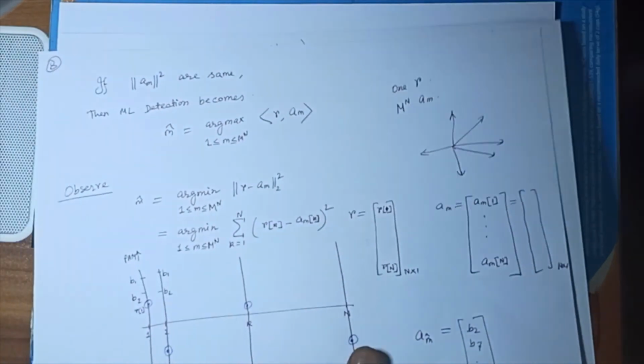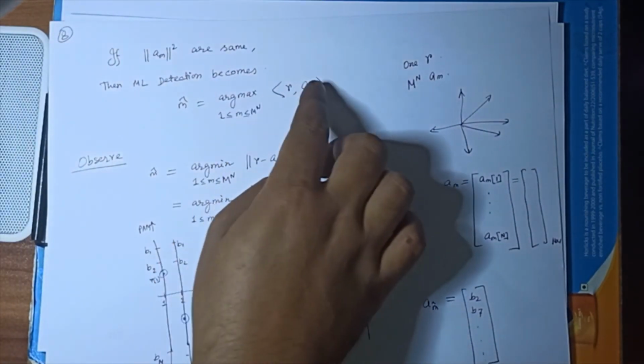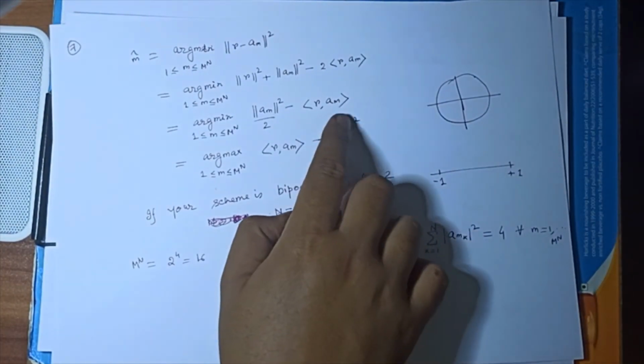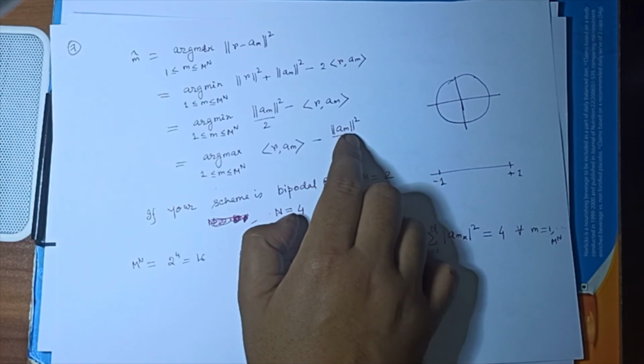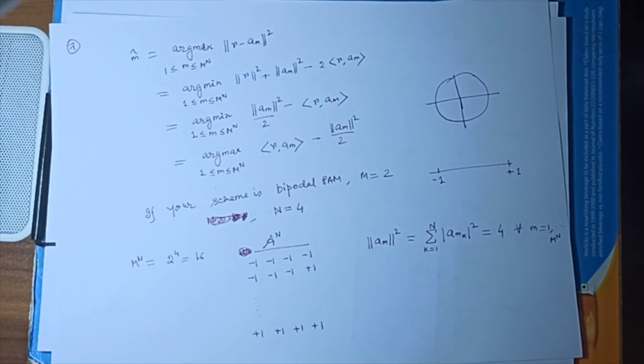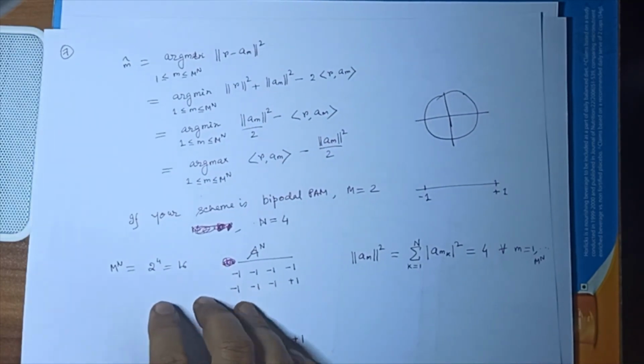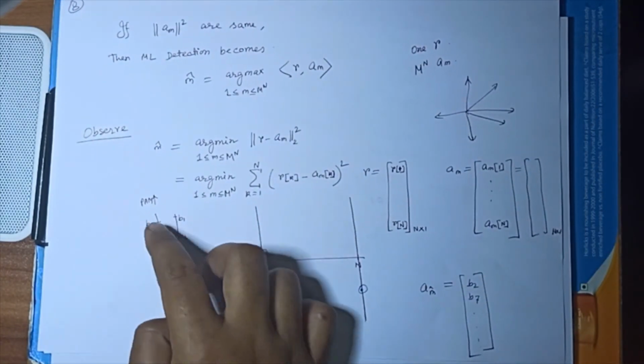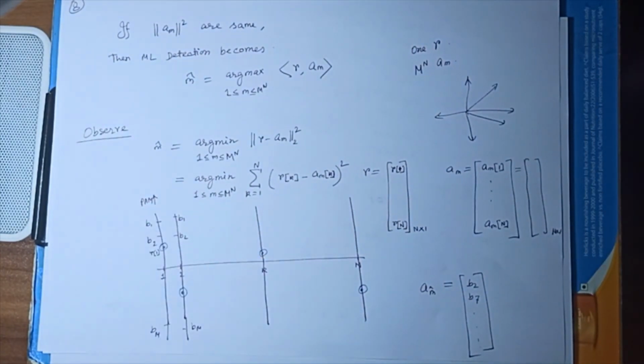Regarding the circuit diagram, you can write it in terms of the inner product if your energies are the same. If the energies are not the same, then you have to have the bias term. This is like a bias term. This inner product you can compute in the vectorial scenario, but then you understand that the vectorial thing is not required, because you can perform it at every instance of time.